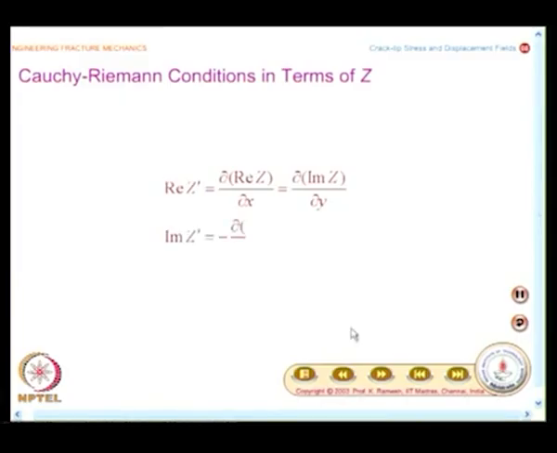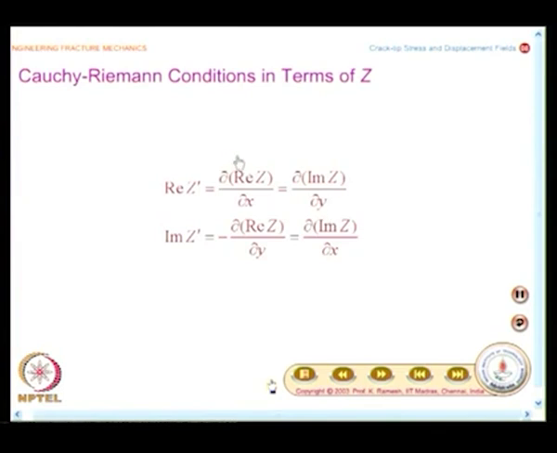And what are the Cauchy-Riemann conditions in terms of the function Z? You have already seen dou u by dou x equal to dou v by dou y. This is written as dou of the real part of Z divided by dou x equal to dou of the imaginary part of Z divided by dou y.